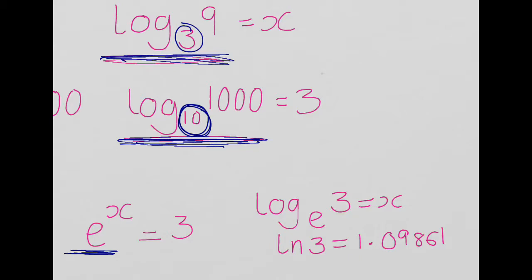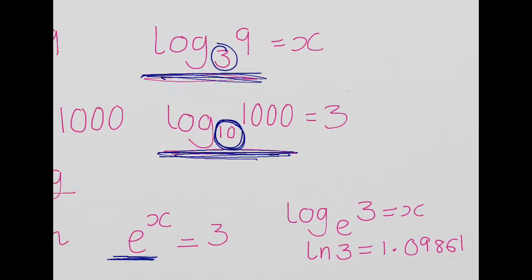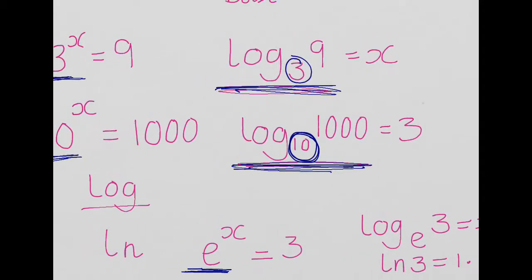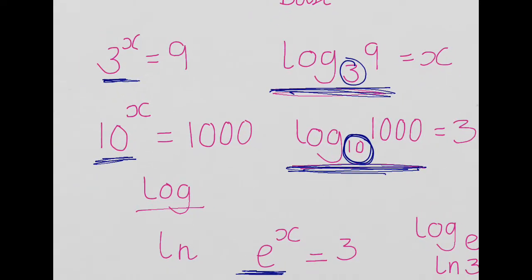Really all I'm trying to get across to you on this set of work is that when you are finding the exponent, this number here that you have raised to a power, the 3, is your base, and your answer, we would say log of 9 to the base 3 is x.